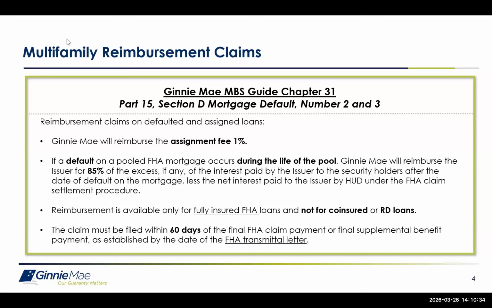So you will get the final settlement transmittal letter. It's whatever date is on that, we need it within 60 days. Now, every issuer can file a supplemental claim. And if you file a supplemental claim, then it will be 60 days from the supplemental claim letter that you receive. Okay, next slide.